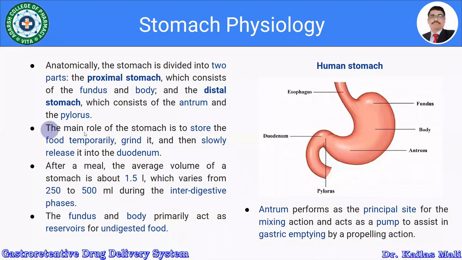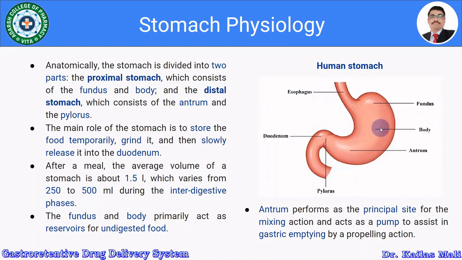The main role of the stomach is to store the food temporarily, grind it, and then slowly release it into the duodenum. After a meal, the average volume of the stomach is about 1.5 liters, which varies from 250 to 400 ml during the interdigestive phases.